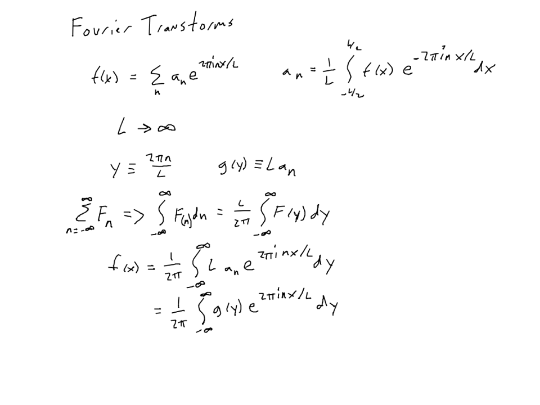You'll notice here that y is equal to 2 pi n over L, so I can eliminate the 2 pi n over L and turn this into 1 over 2 pi times the integral from minus infinity to infinity of g of y e to the minus i x y dy.